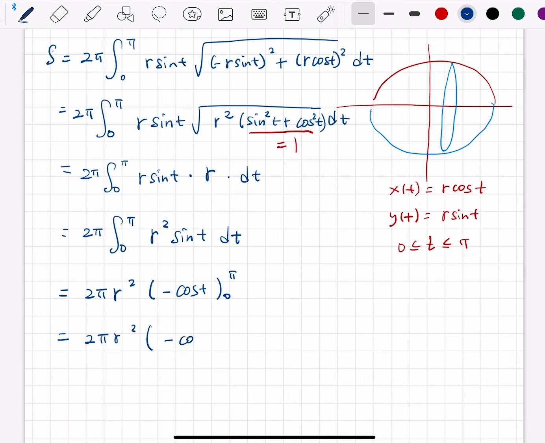We get negative cosine of pi plus cosine of 0, which is negative of negative 1 plus a positive 1, which is 2. We got 4 pi r squared. So that is the surface area.